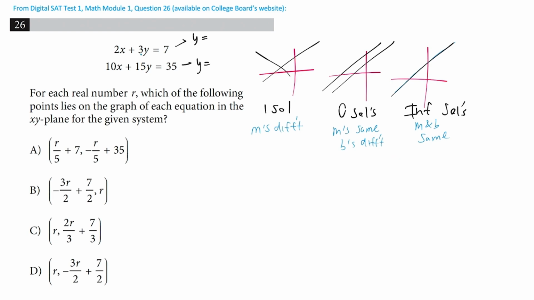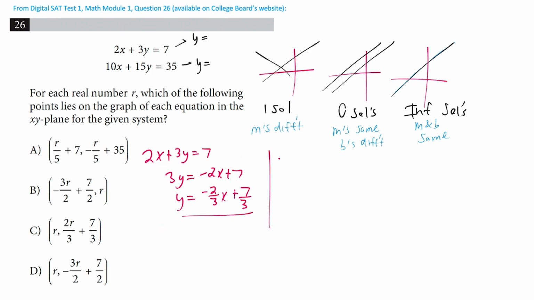So to get to the bottom of this, we'll set them both in the y equals format. For the first one, 2x plus 3y is 7, and just take away 2x from both sides. Divide by 3 on both sides. And that's our y equals mx plus b.